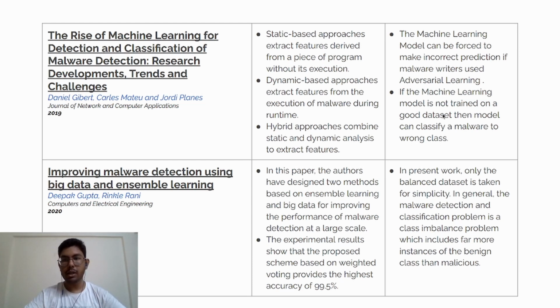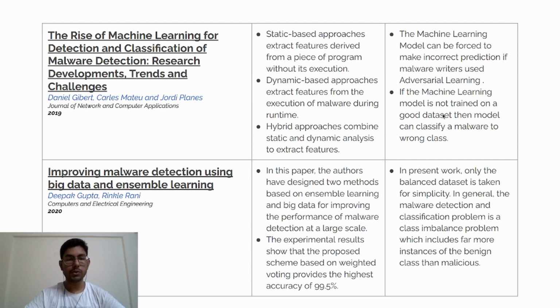And then the next paper referred to was improving malware detection using big data and ensemble learning, authored by Deepak Gupta and published in 2020. So in this paper, the authors have designed two methods based on ensemble learning and big data for improving the performance of malware detection at a large scale.